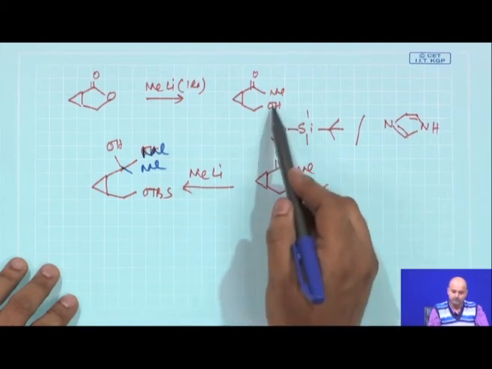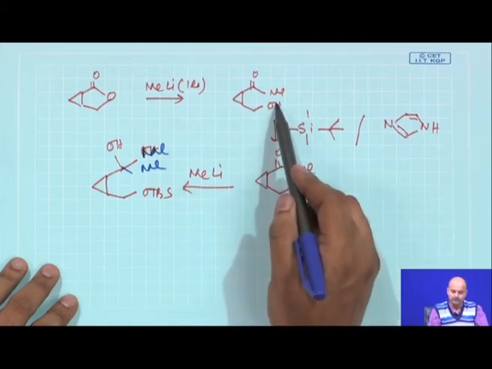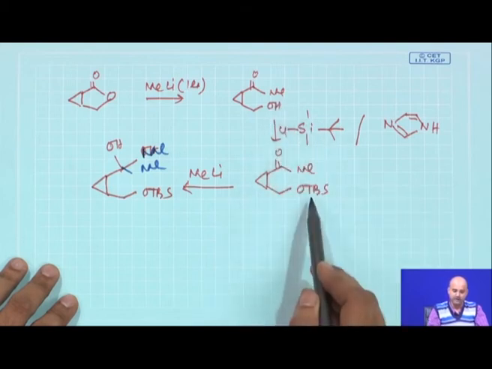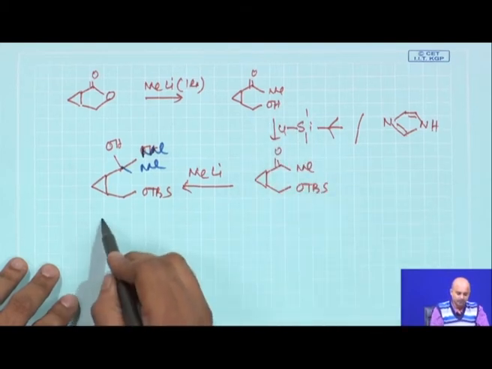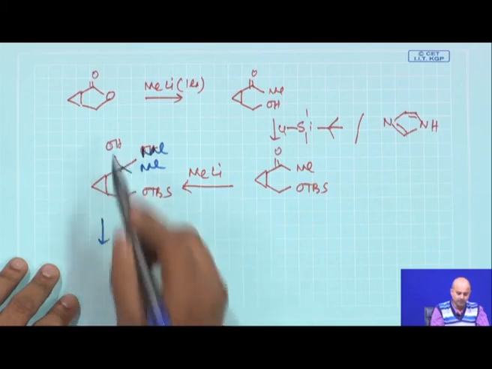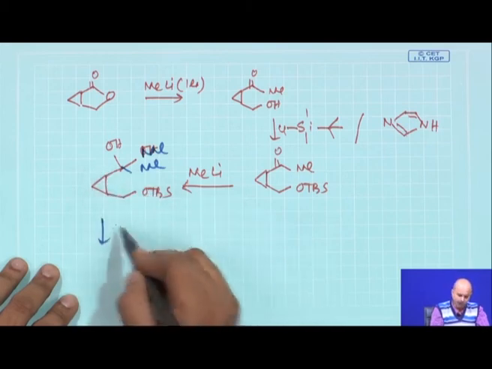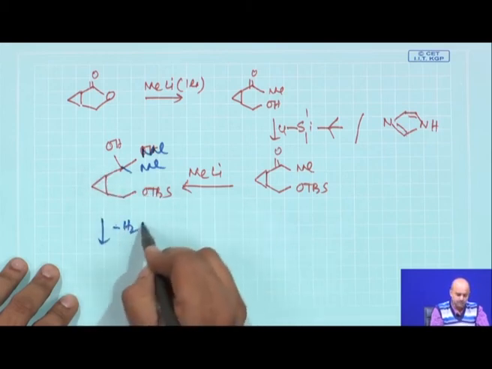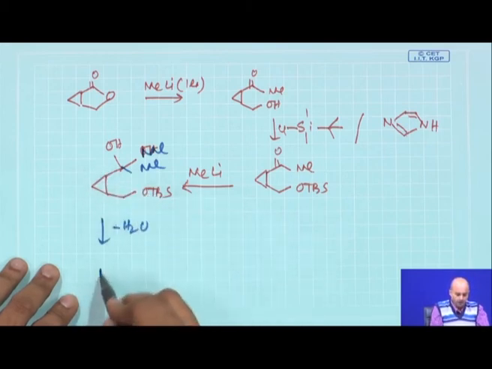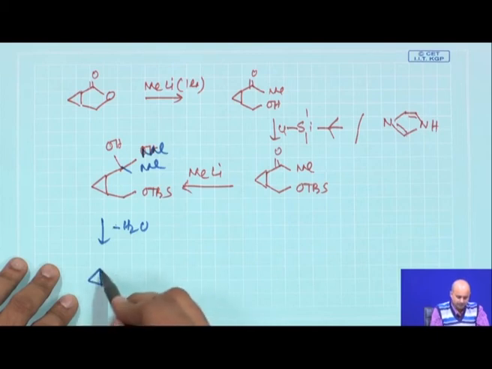Whether this base can cause some disturbance here, that is why this free alcohol needs to be protected. Now, here you can convert this alcohol to its corresponding tosylate or mesylate, or just do a simple water elimination of the tertiary alcohol, and you will find that you get the target molecule quite easily.